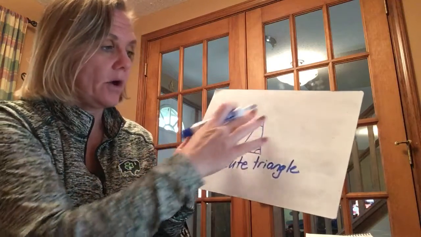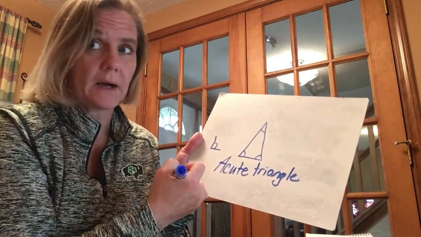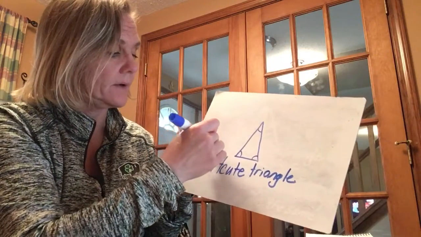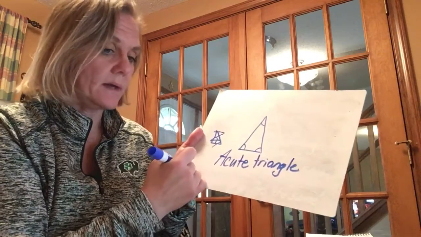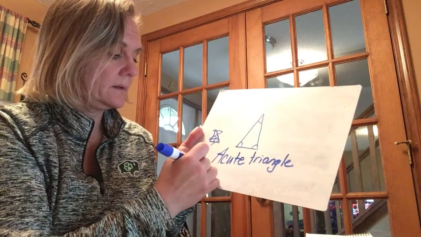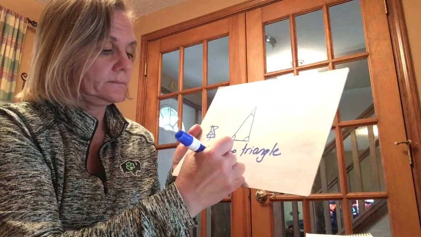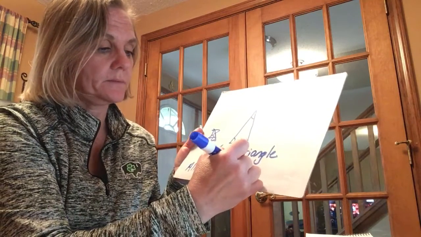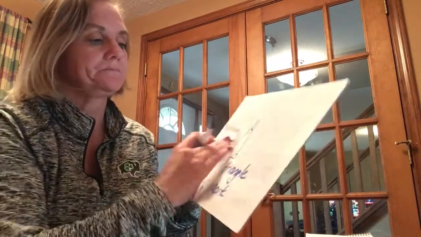And this means that all three angles inside are that acute angle. So they can't be a hard corner or a right triangle like that, okay? So it means that all angles are acute. Okay, so that means they're smaller.